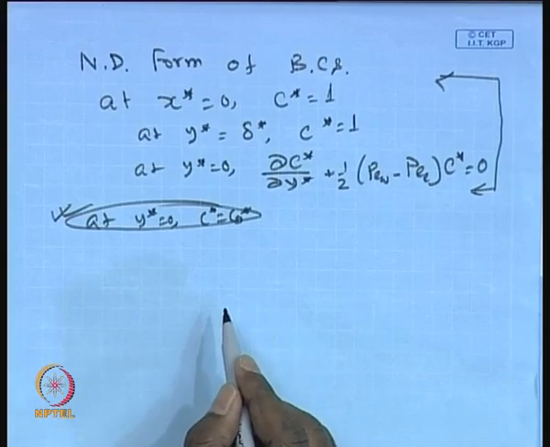Now, for this set of equations, we are going to use an integral method of solution as earlier. Okay. And it is an approximate method, that means we are going to assume a concentration profile within the mass transfer boundary layer. Since the concentration profile is assumed, the integral method is known as the approximate method solution.